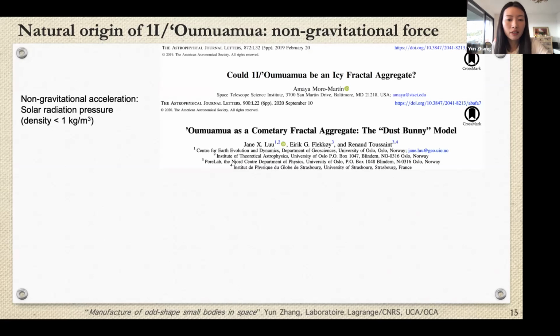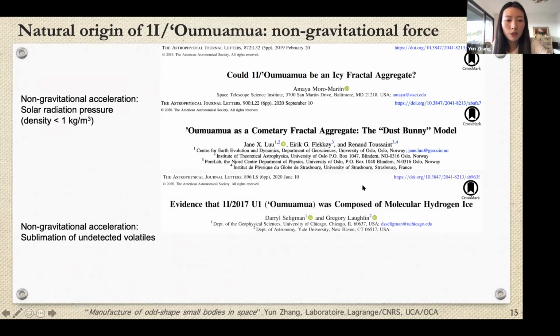Such an extremely low density object has never been detected, but may help us understand some processes in protoplanetary disks and disrupting comets, where these objects are suggested to be found.